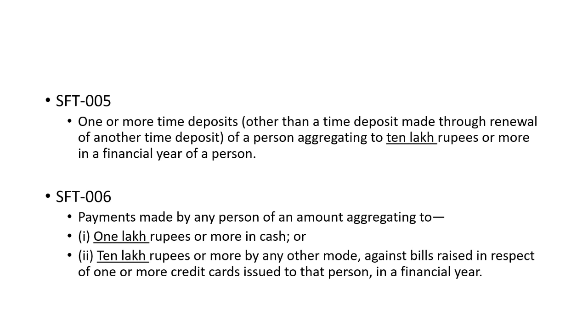It will be only through the banking channel. More than 10 lakh rupees against the bills raised in respect of credit cards issued to that person in a financial year. Suppose, for example, a person uses the credit card, and if the transactions exceed 10 lakhs, the information will be disclosed in SFT 006.